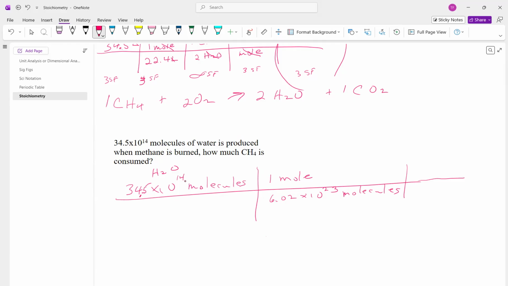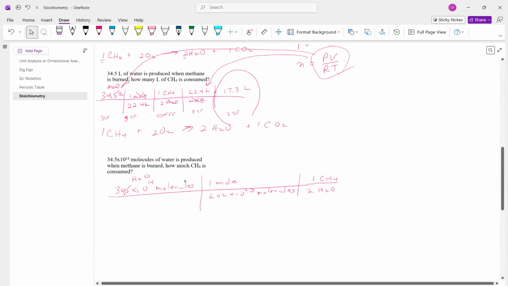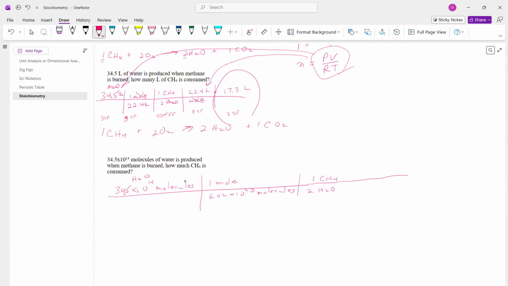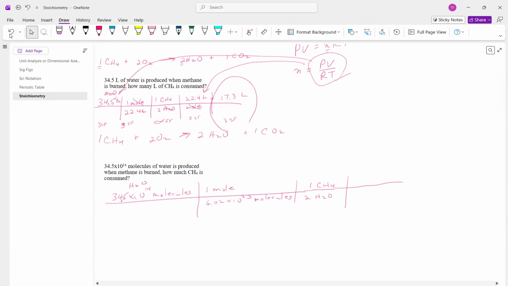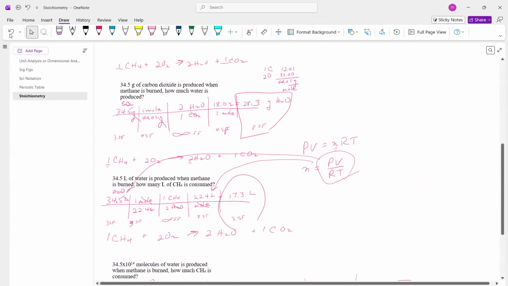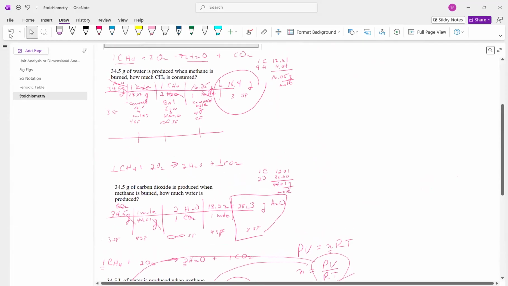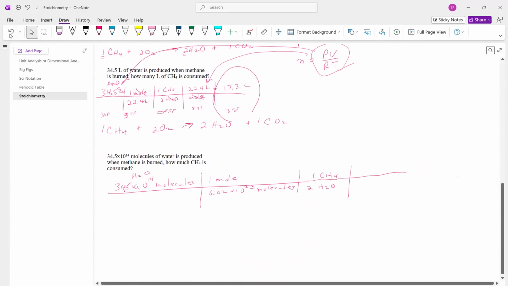We need water on the bottom, methane on the top. And then methane, is it 44? No, 1605.